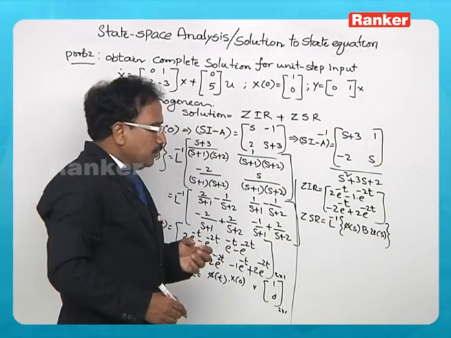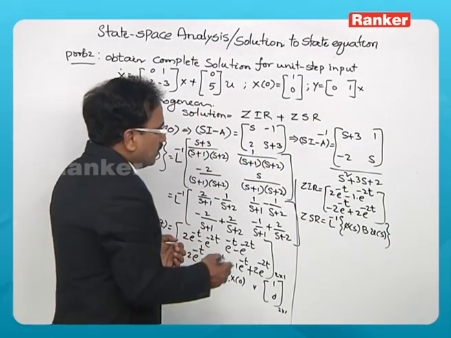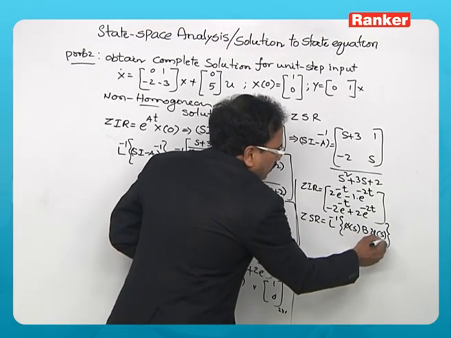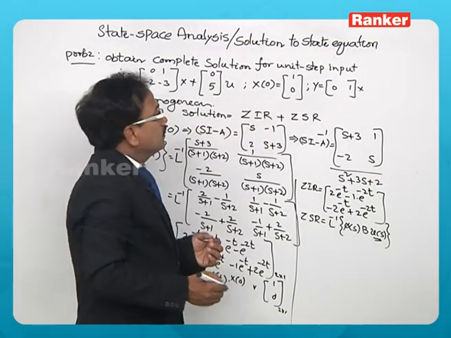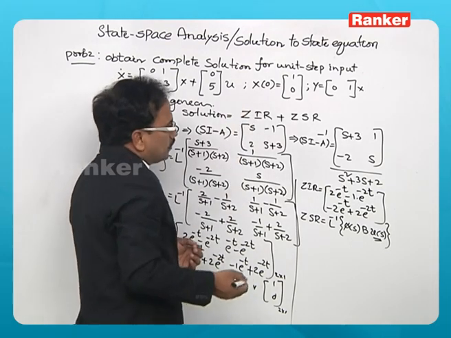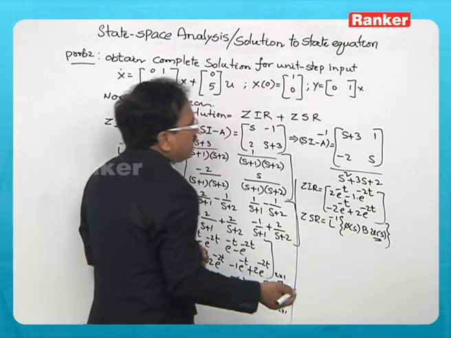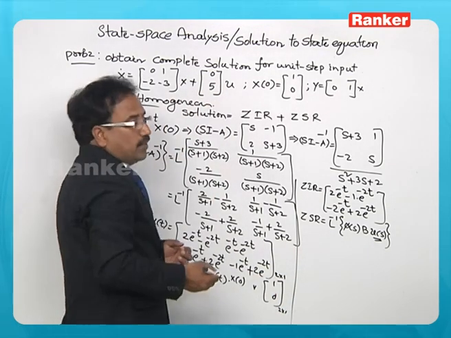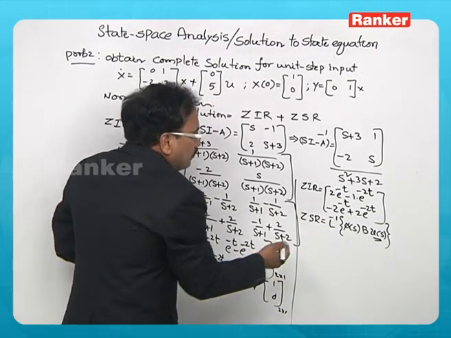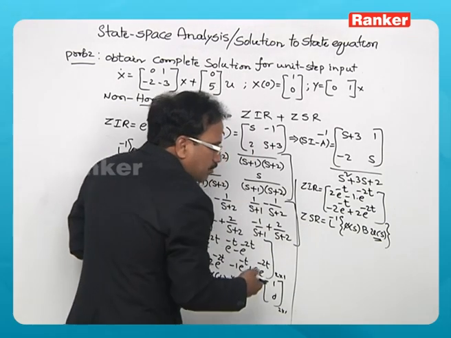So, U of s is the input that you have here. Then B matrix, B is the input matrix that is already given as 0 and 5. So, we need to get now the 0 state response.